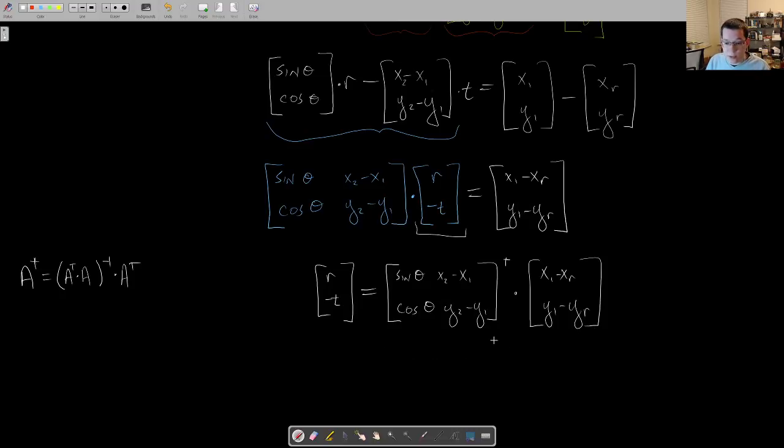And this is the formula that we use for doing the ranging part.